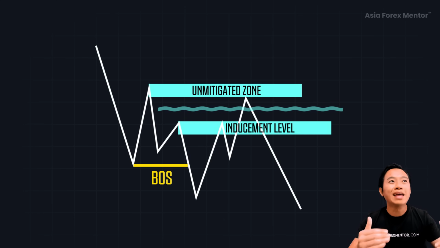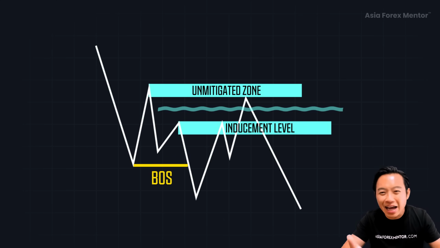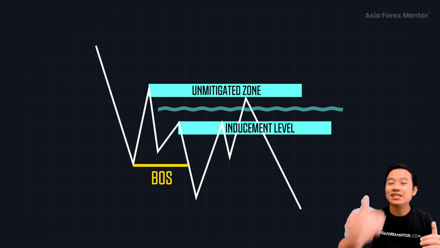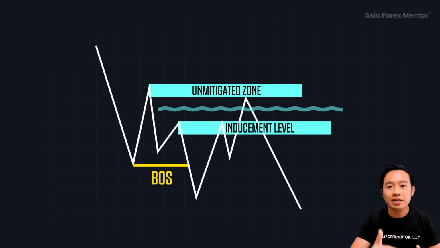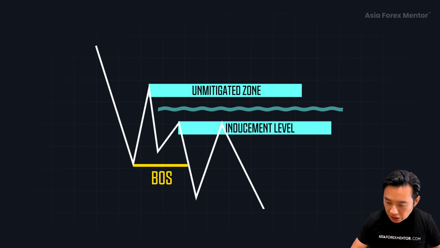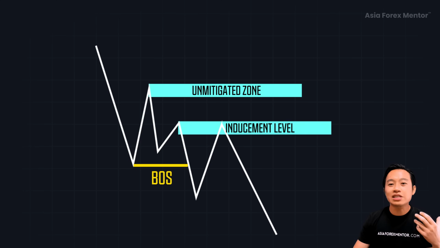Now, do they manipulate the market all the time? If you blindly just say, oh, it's an inducement level, I'm not going to enter, then you're going to miss a lot of trades. So no, there will be times where this area that seems to be an inducement area is still going to work. So you don't just say, oh, this is an inducement zone, I'm not going to enter. No. So what do we do?